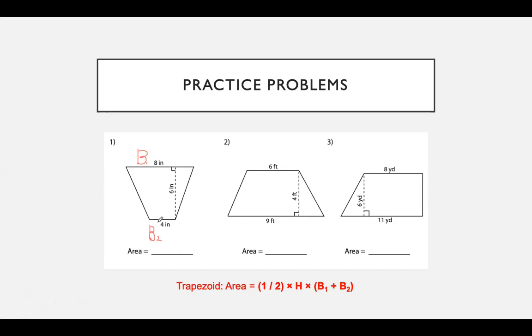So according to the formula, for 1, we're going to do 1/2 times the height. So what is the height? We're given 6 inches times b1 plus b2. So what's b1 plus b2? It's 8 plus 4, which gives us a value of 12.